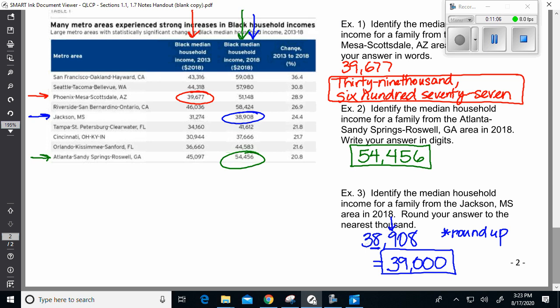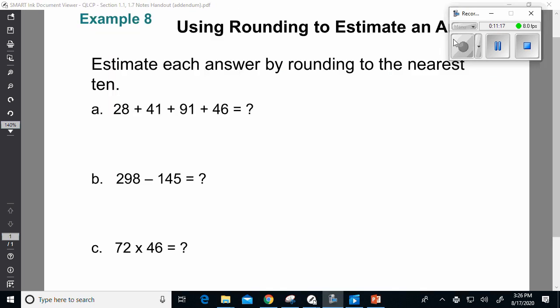So again, notice we took a chart and identified basic information that we need to pull off of that chart. The last concept that we're going to look at today focuses on using rounding to estimate an answer.